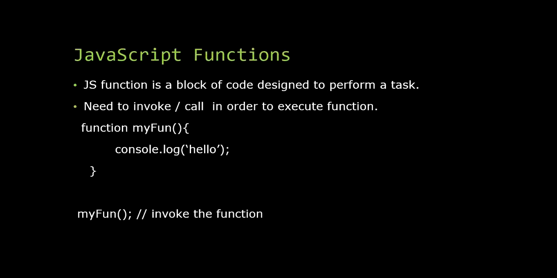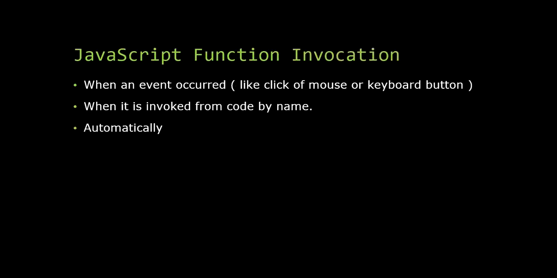A function is a block of code assigned to perform some particular task that needs to be invoked in order to execute the statements of that function. We can define the function and invoke the function. We can invoke the function either by clicking the mouse, or we can assign some event like on mouse up, on key up, on key down.